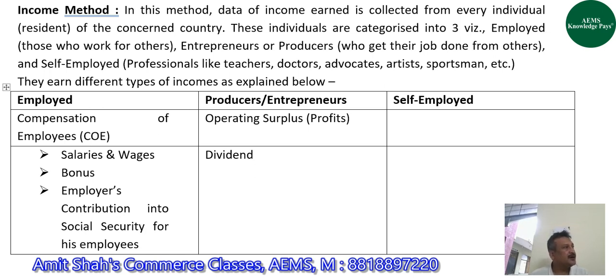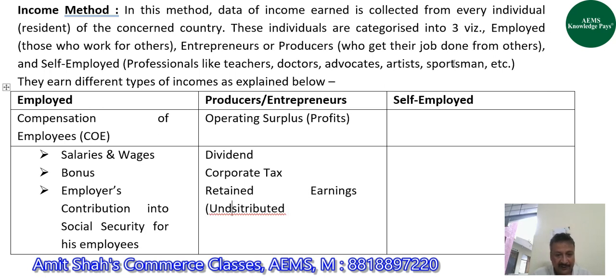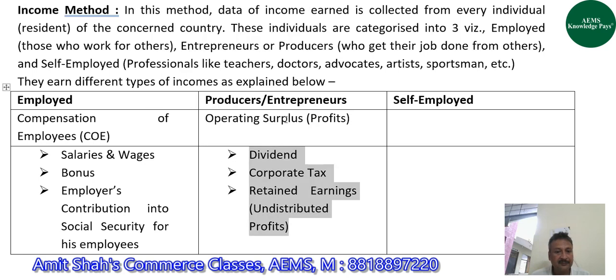He will take something home for his expenses out of the profit. Corporate tax which he has to pay to the government out of these profits, and retained earnings, that is profits which have not been distributed yet among the owner. So here also we have three things, sum total of which is known as operating surplus or profits. Understood, Mansha Manya?